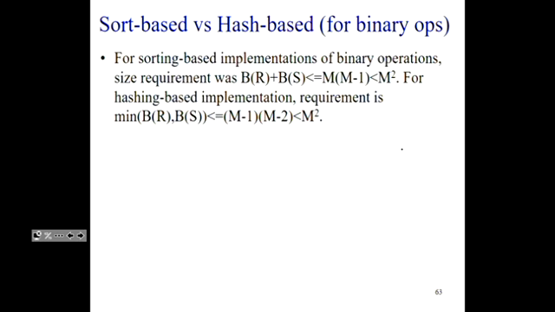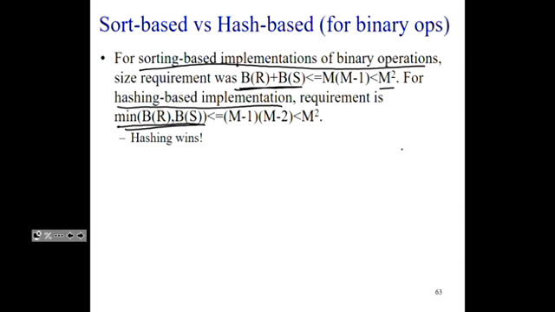Okay, so comparing sorting and hashing for binary operations at least, for the sorting based implementations of binary operations, we had the size requirement as b of r plus b of s should be less than m square. For the hashing based implementation, the requirement is instead the minimum of b of r and b of s is less than m square.